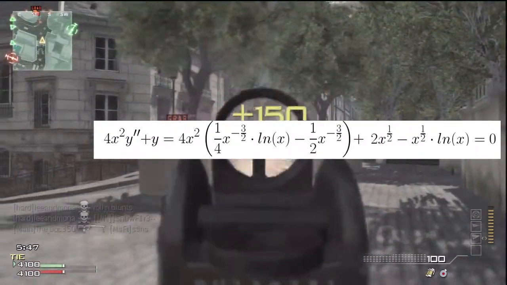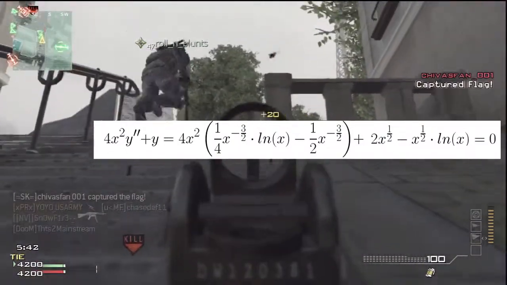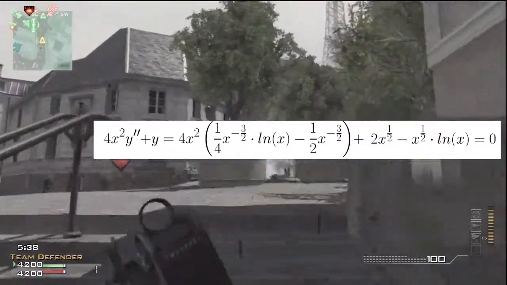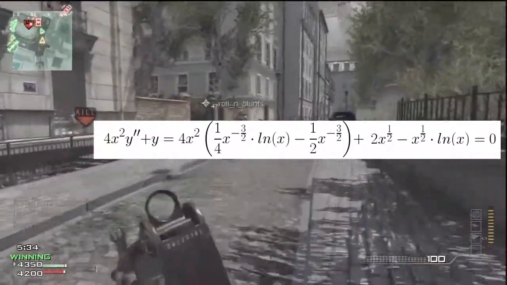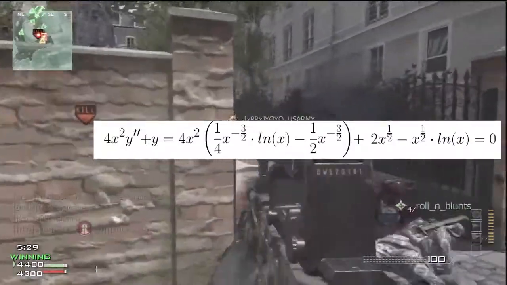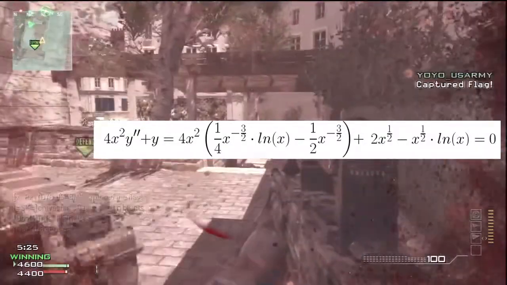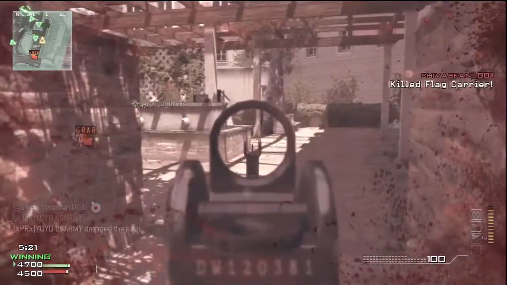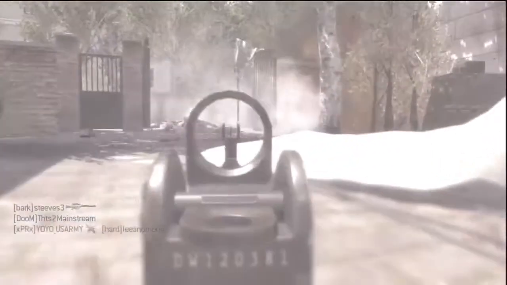We have 4x squared times the second derivative of y plus y, and that equals all that lovely crap, and that equals 0. And you know what? I'm not going to run you through that, because if you do the math, you just cancel everything out, and yes, it will equal 0. And that is how you solve one of many types of differential equations.